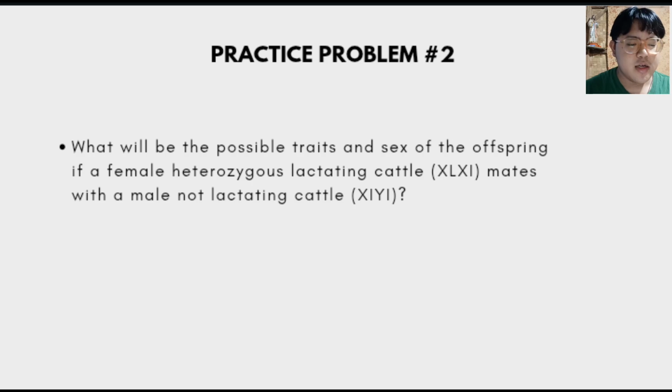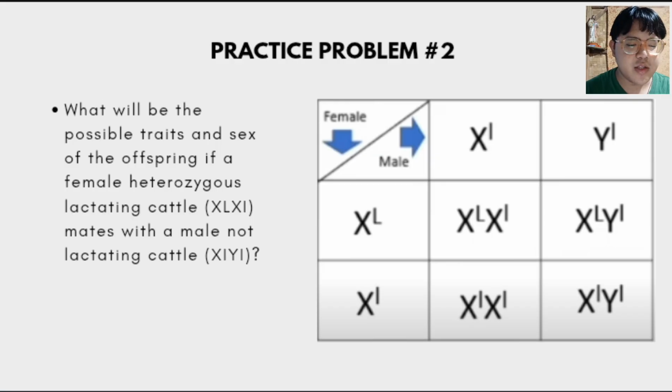Are you done? If you got the correct answer, same as here in our presentation, then very good. As you can observe in our presentation, we have 1 XLXl, 1 XLYl, also 1 XlXl, and another 1 XlYl.